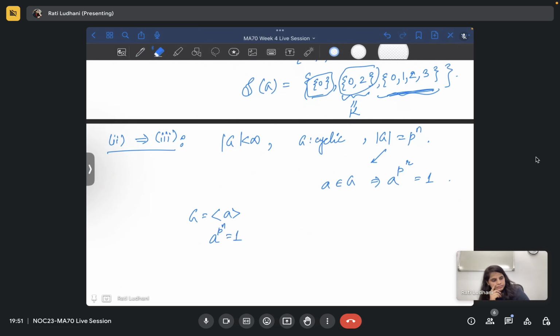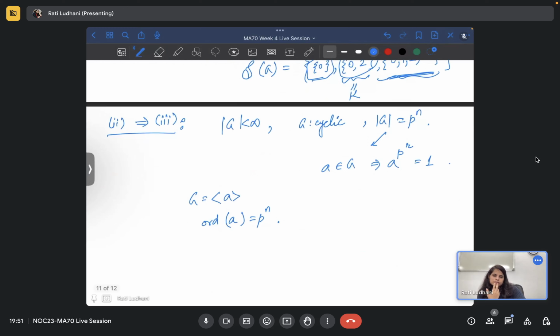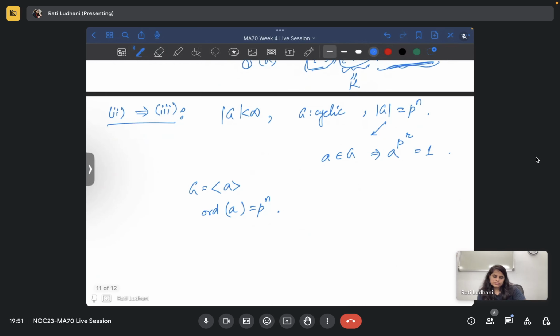Now if I'm trying to find every other element, its order has to be something that divides p raised to n, so that will be p raised to k. Now I can see that if I take any group which has a larger order, then the elements of the previous group will be contained in that.